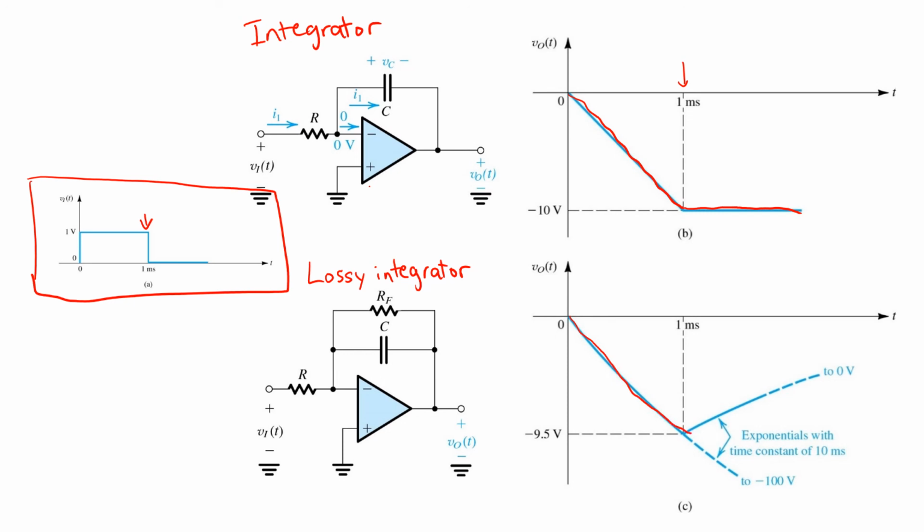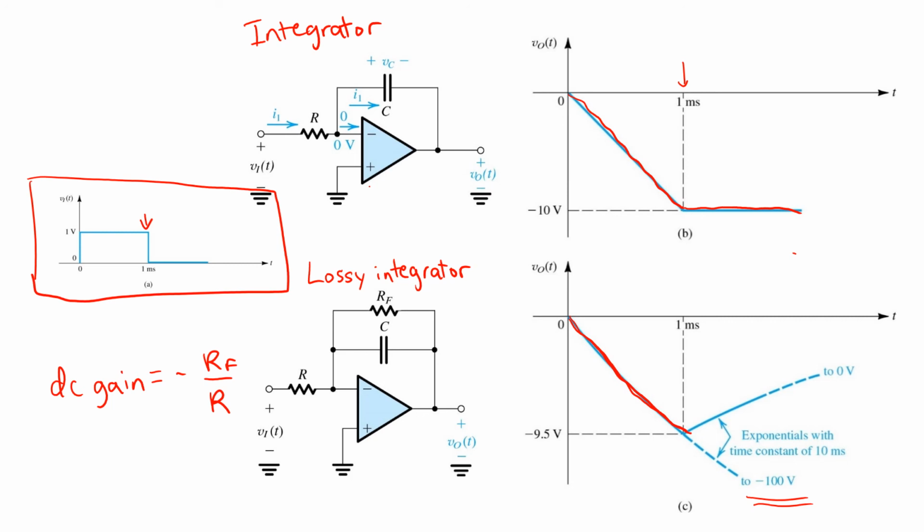Instead, what it's really doing is exponentially settling to its DC gain, which for this configuration is negative RF over R. For the values specified, if we've got a DC gain of negative 100, then that means that what we've really got here is not a straight line, but a gentle curve that represents exponential settling to a value of negative 100 volts.